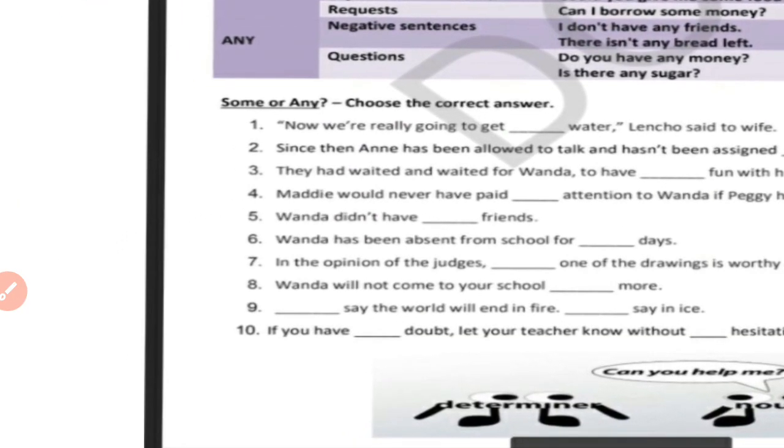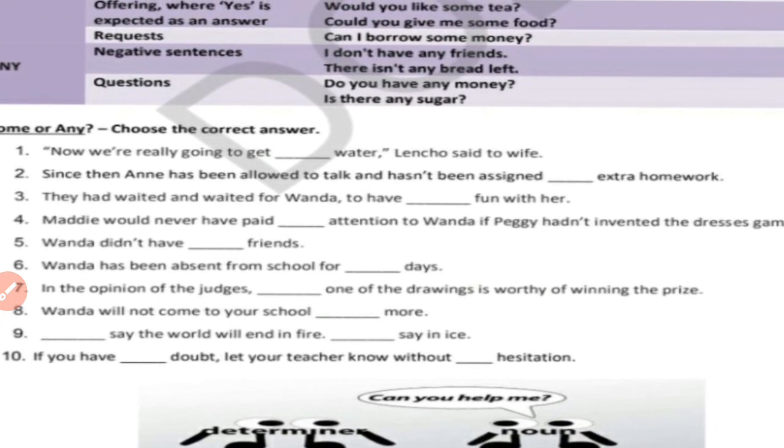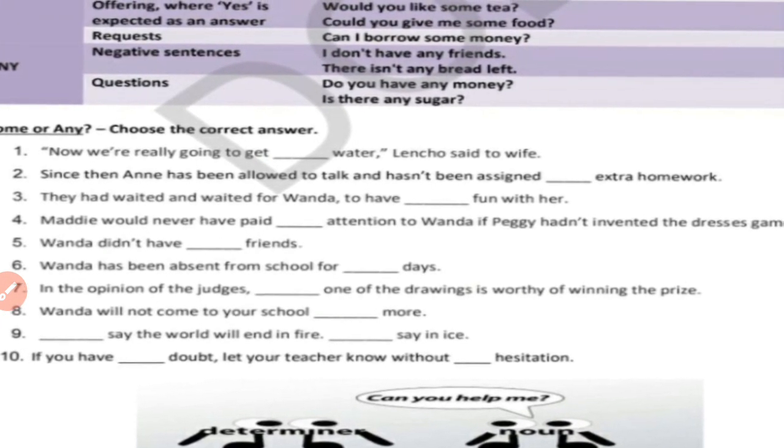The first question is, now we are really going to get some water, Lencho said to his wife. It is a simple sentence, so here we use the determiner some. The second one: since then Annie has been allowed to talk and hasn't been assigned any extra homework. Tell me which type of sentence it is.